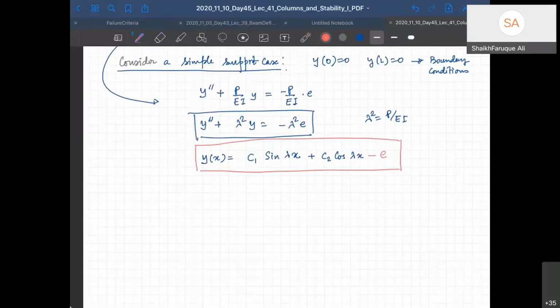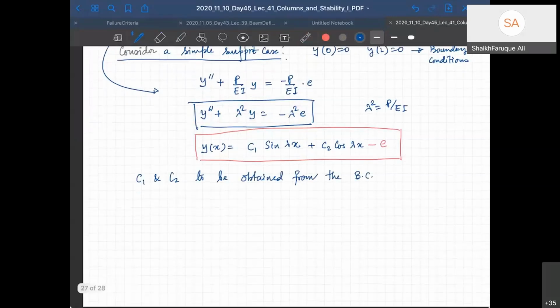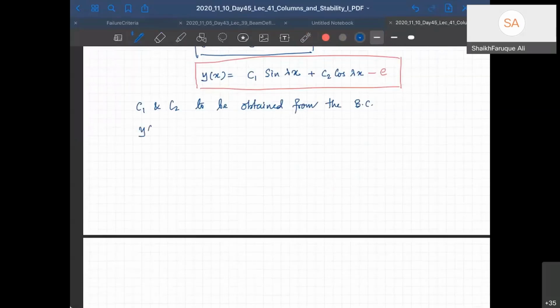Now we need to find C1 and C2 from the boundary conditions. y at 0 equal to 0 gives me C1 into sine 0, which is 0, plus C2 into cos 0, which is 1, minus e equal to 0. So that gives me C2 equal to e.